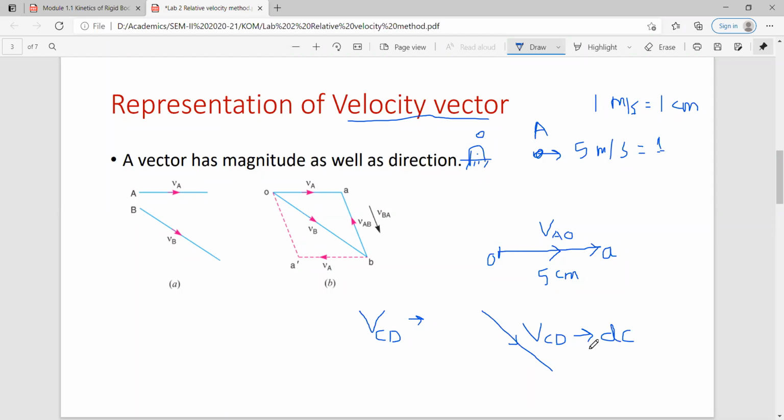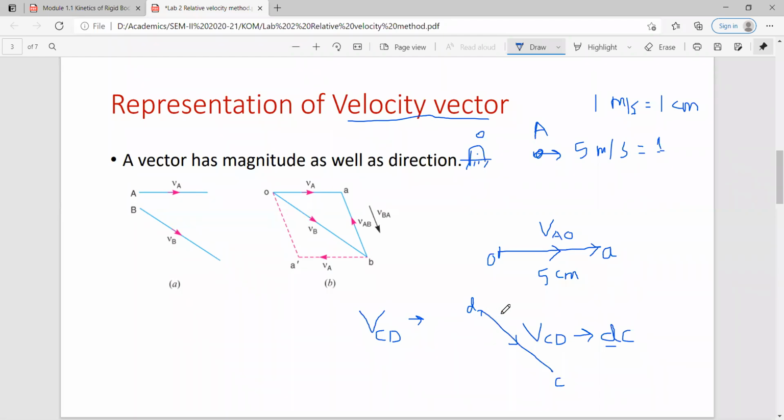What it indicates is that this vector starts from point D. So the starting point is here, the starting point of the vector, D, and the ending point is this, so here I will show the small letter c. As this arrow is pointing towards point C, it means that it is the velocity of point C with respect to D.